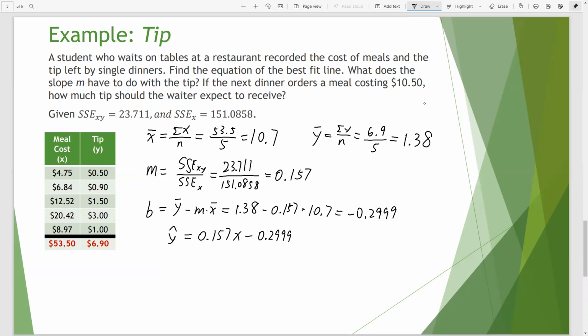So that's the first question, right? What is the best fit line? Second question, what does the m mean in this question, right?